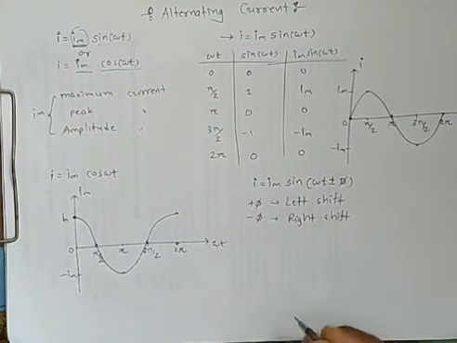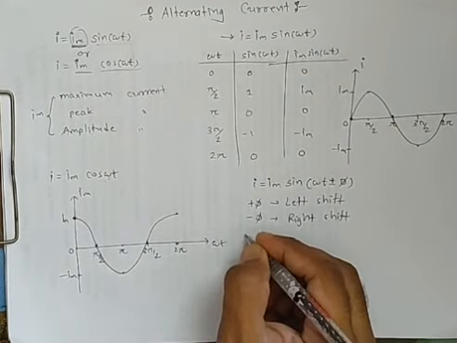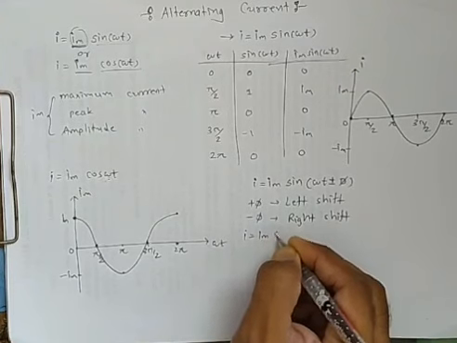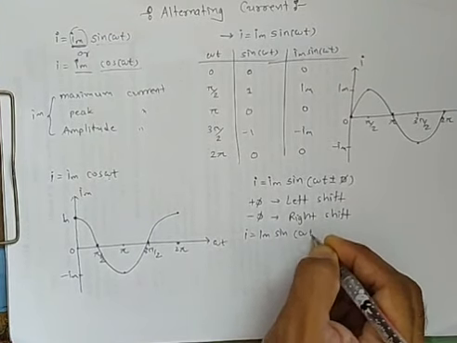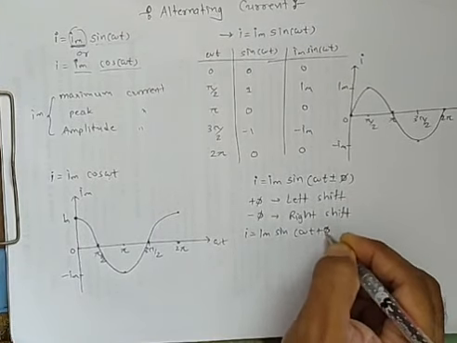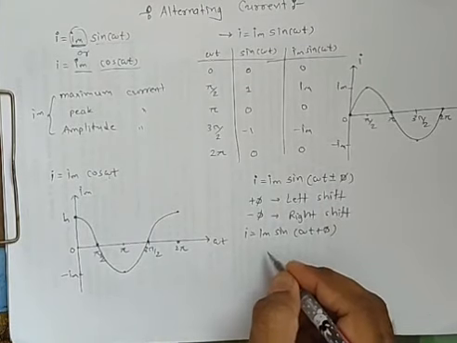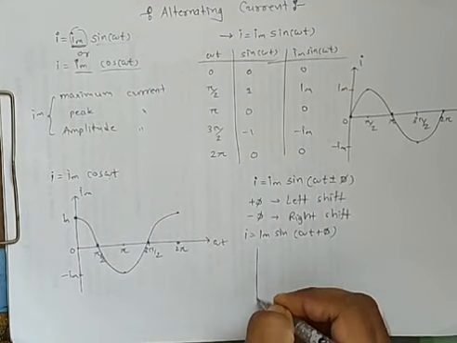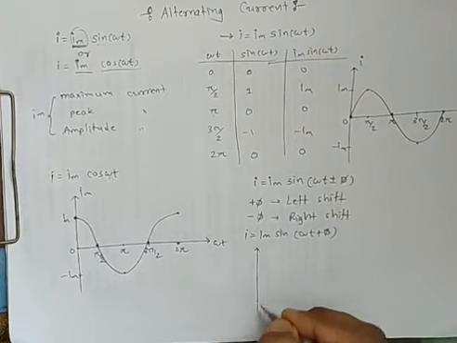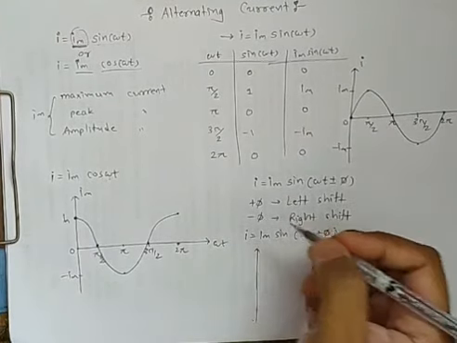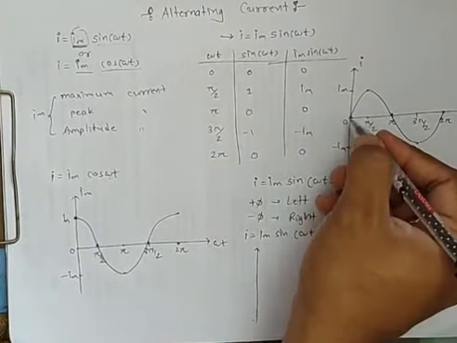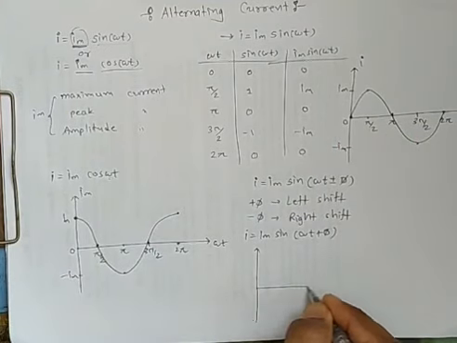Now how to draw this waveform? Suppose the waveform is Im sine omega t plus phi. So plus phi indicates you must shift this sine waveform to the left side. How much shift? Phi. The shifting is phi.